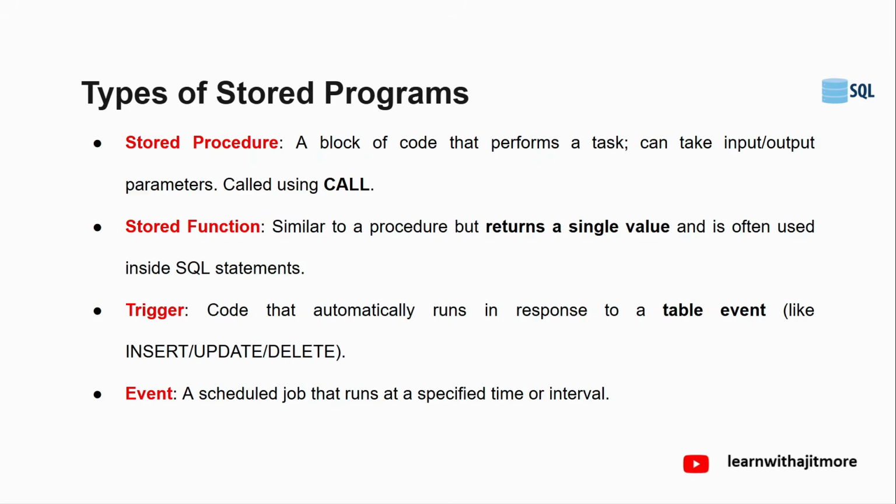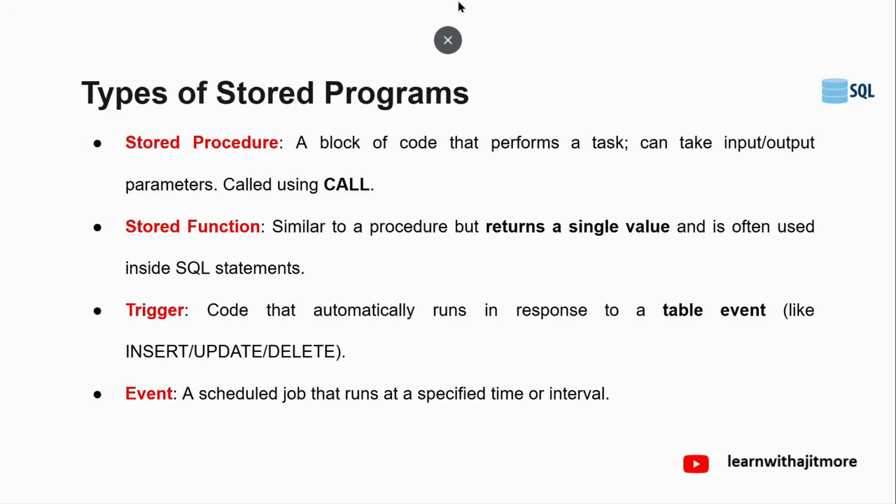You don't have to do it. Or getting some summary info, like the whole day, how many bills were generated, their whole summary you want to save somewhere, and then your superiors are going to check what has come in. So you can use these event codes. A scheduled job that runs at a specified time or interval.